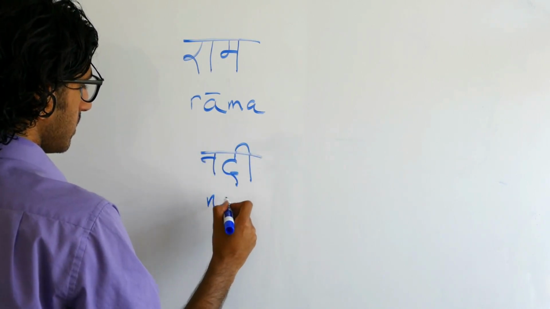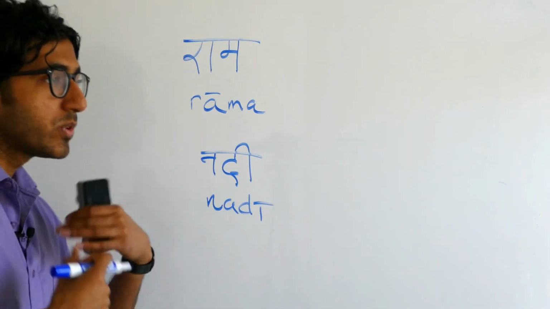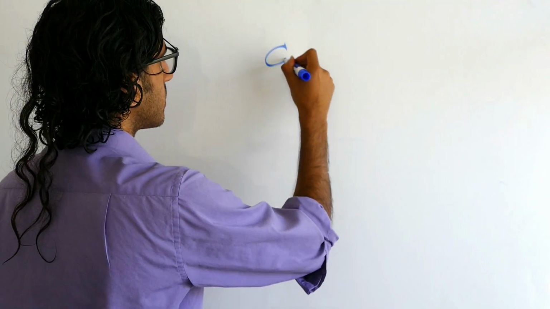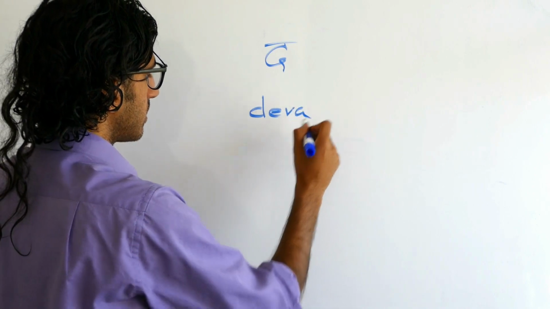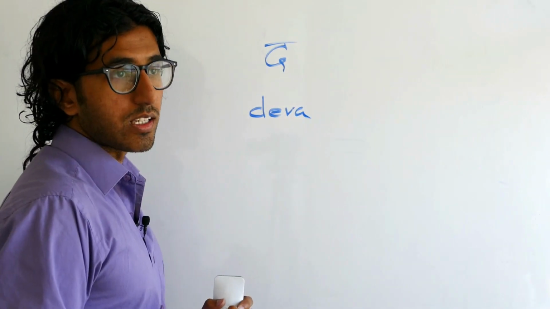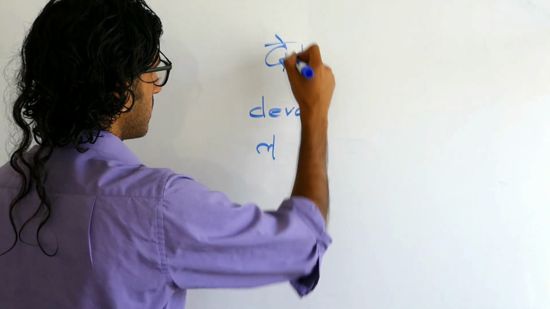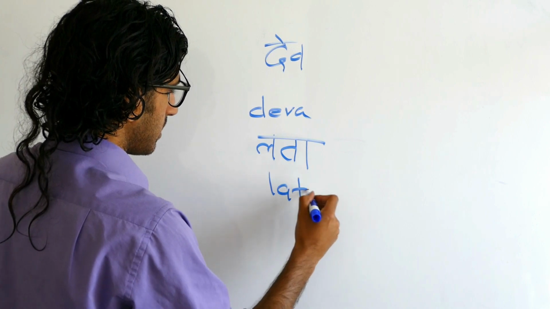So I'll say na, di. You get the sound of it, and now I'll even say the words, and you can kind of get it. So if I say, for example, Deva, Deva, so you go, okay, I know da is this sound. So Deva, right? Or like Lata. So Lata, right? So it'll be like la ta, right?